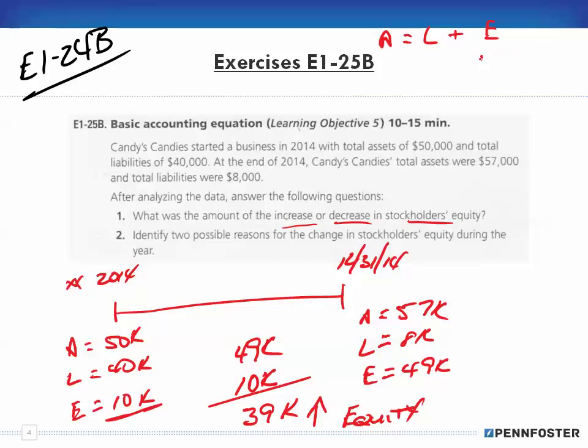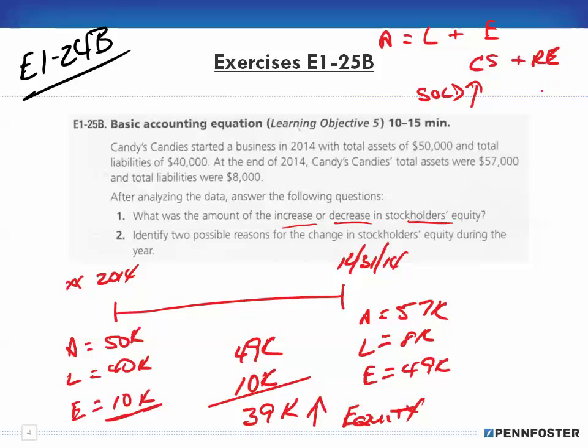And under the equity, you had common stock plus your retained earnings. So in identifying two possible reasons for the change in the stockholders' equity, well, one, since it increased 39,000, we could have sold common stock, which would have increased our common stock.